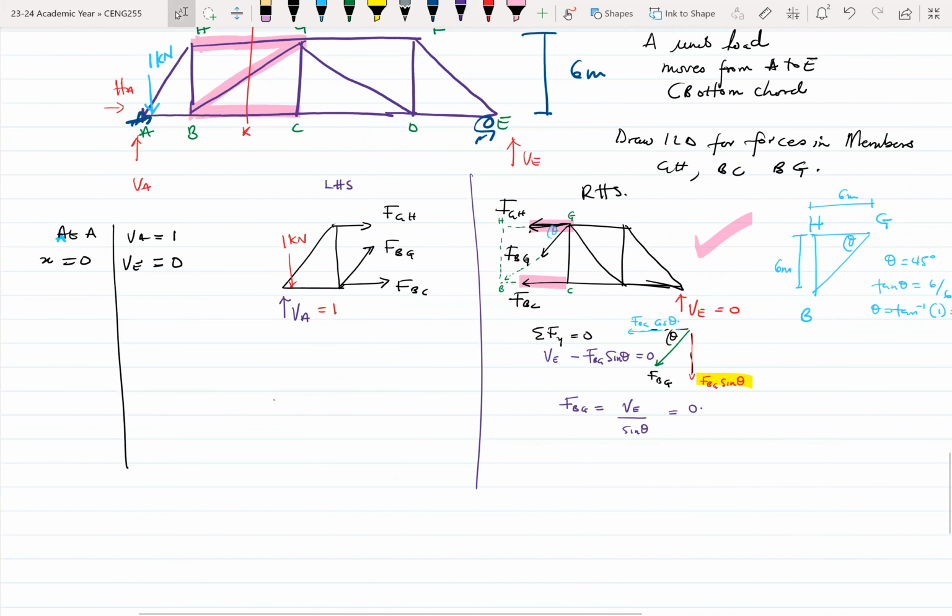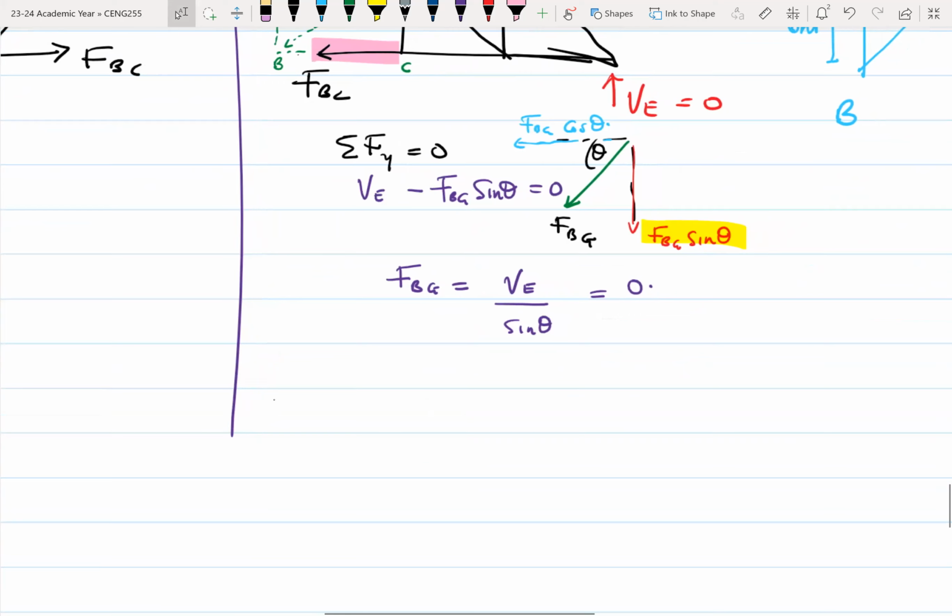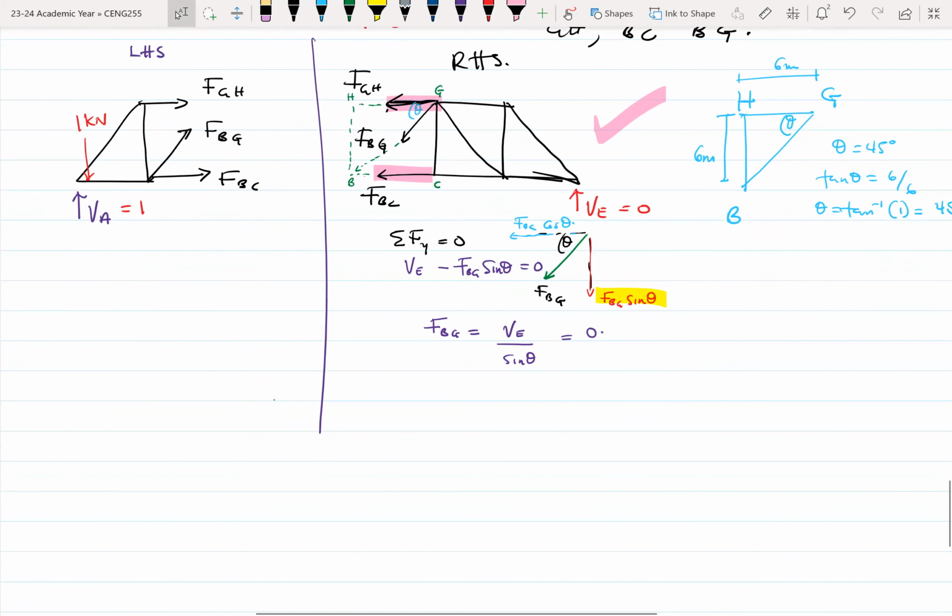So FBG is 0 when your load is at X equals 0, or when your load is at A. When your load is at A, your reaction at VE is 0, and that will give us an FBG of also 0. Okay. And if FBG is 0, let's find FGH or FBC.